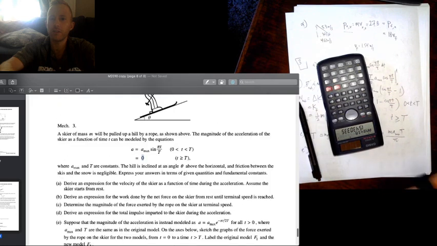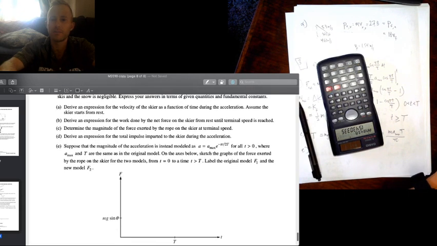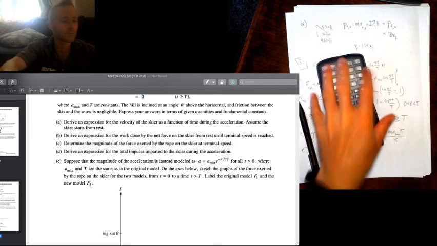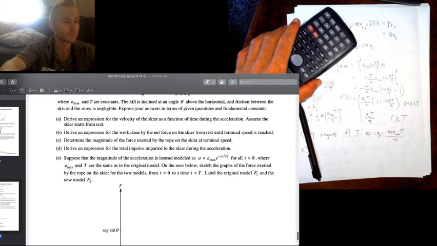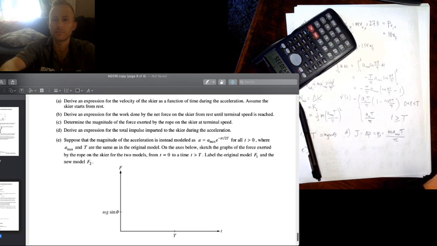So if we look at the first model, the acceleration is sinusoidal, and at little t equals big T, the acceleration is equal to a max.